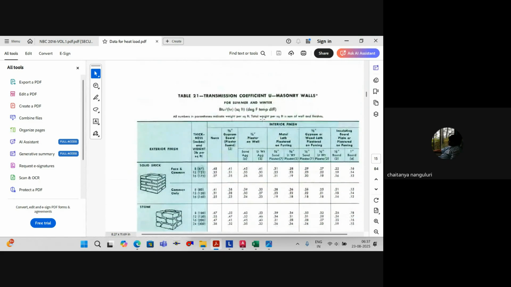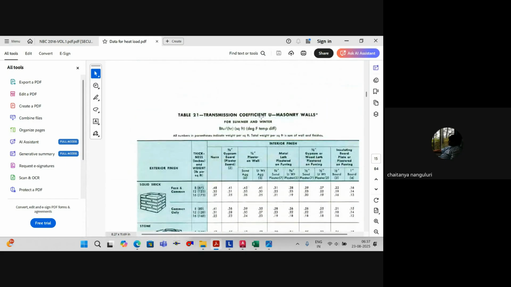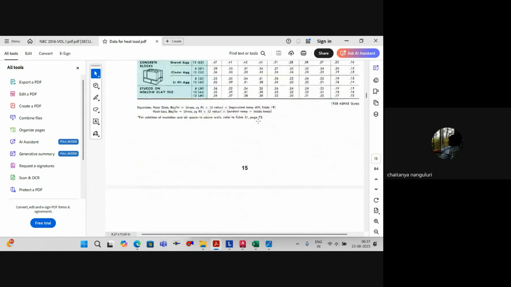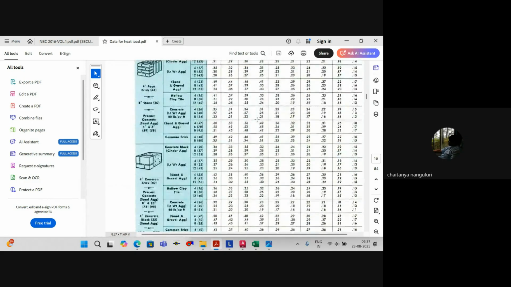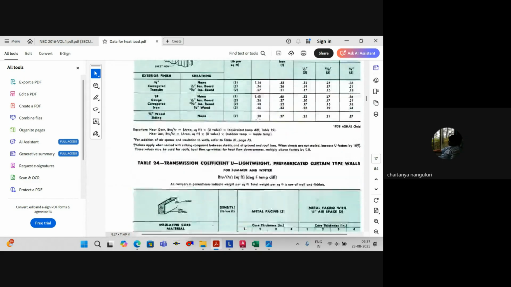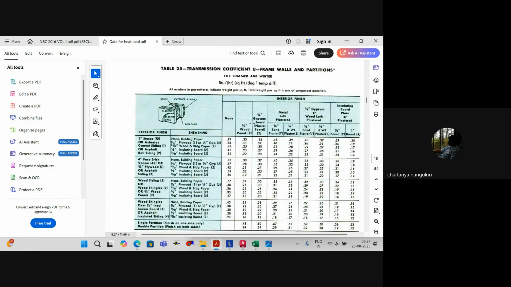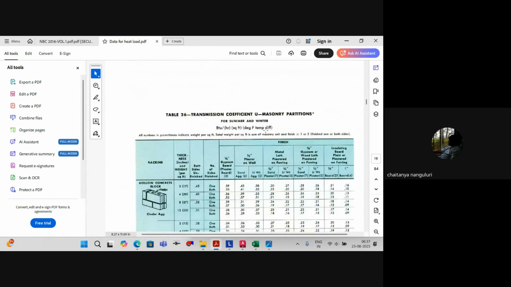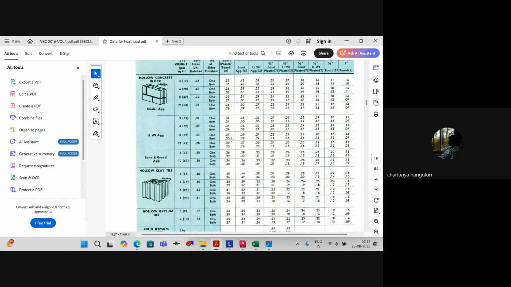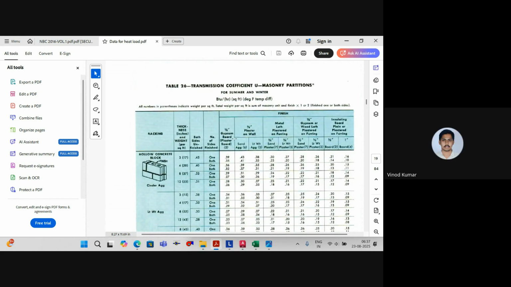Yes, this was the masonry wall. Yes, this is a partition wall we can consider. Of course, we have got different types of material, so let's say I'll use hollow block work for intermediate walls. Is it okay? Page number 19.